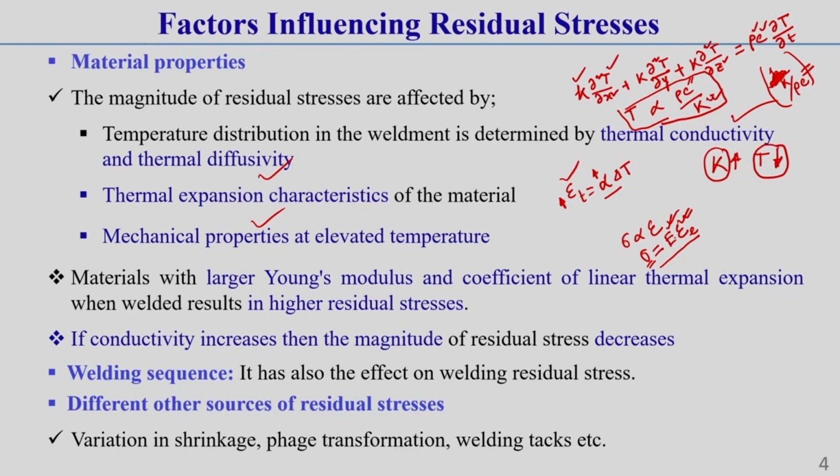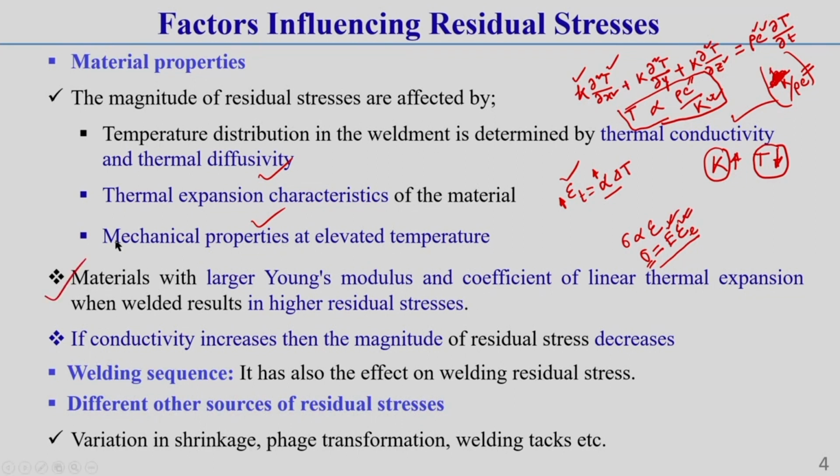So, this stress is also directly proportional to Young modulus. Higher the Young modulus at elevated temperature, higher will be the residual stress. So, this relationship you are also getting from here. Everything is well established. You just have to refresh this, then you will get the idea of how the residual stress varies. That is only what I have written here.